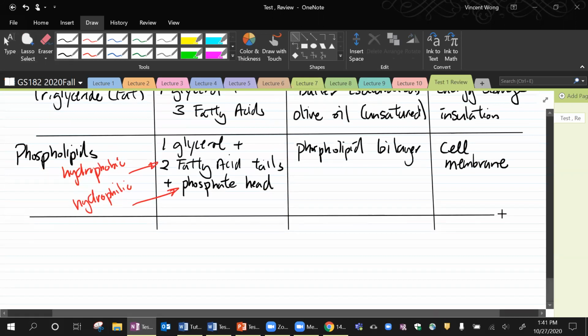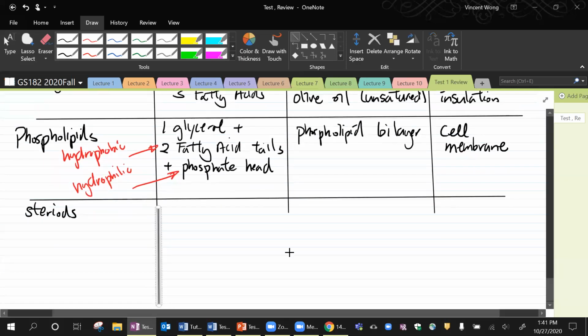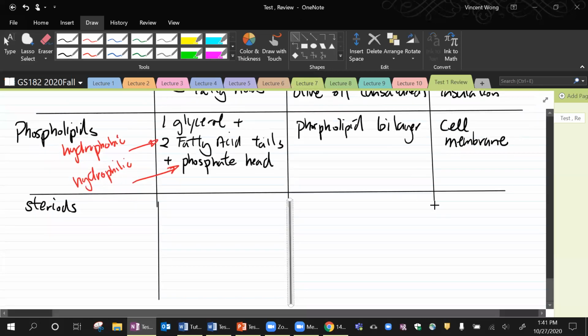We also have steroids, right? The components of steroids are basically 4 fused carbon rings, and then you add a bunch of other functional groups to it, but the core structure is the 4 fused carbon rings.